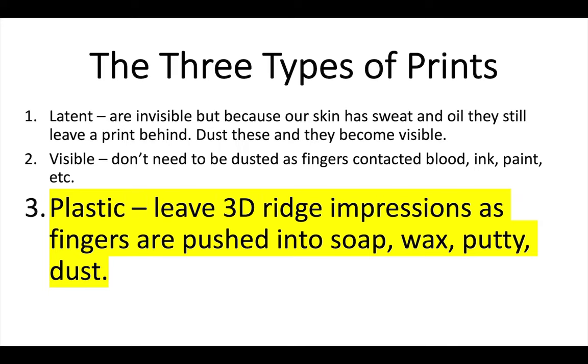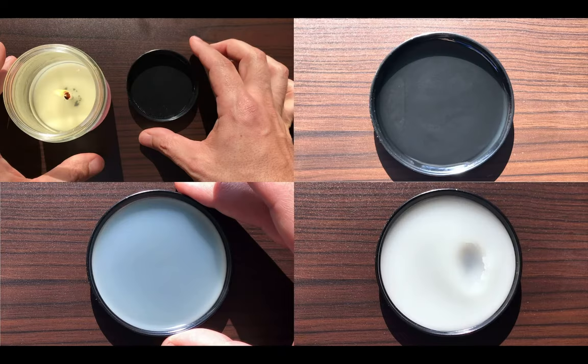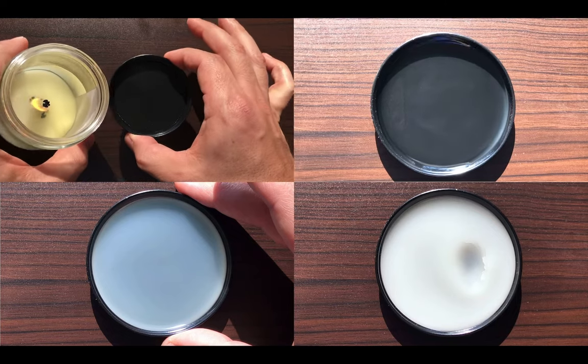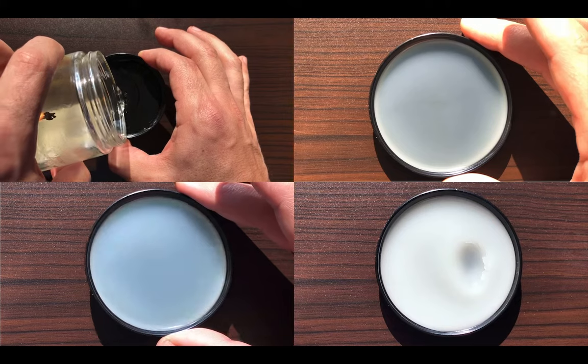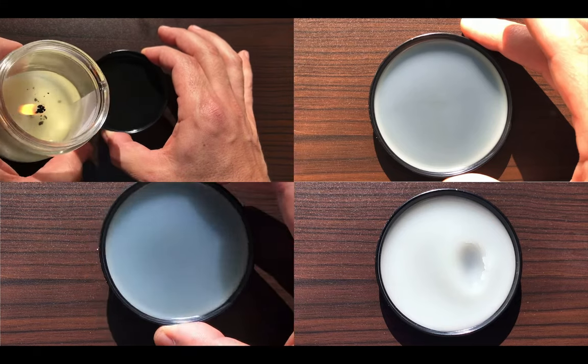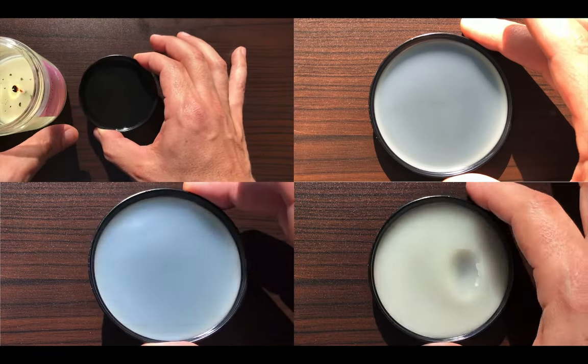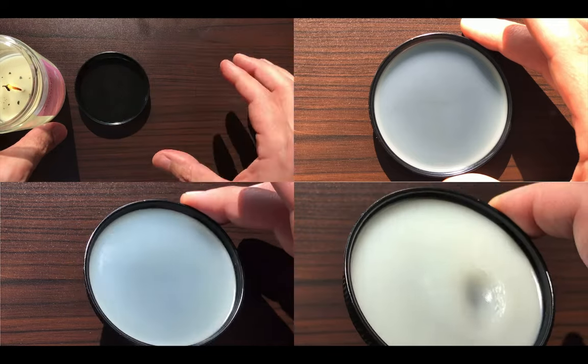This leaves a three-dimensional print because it's pushed into the substance, giving yourself a 3D ridge impression. Now, as we're on plastic prints, I actually took a bit of wax, cooled it down, and what I got was pretty neat. I got a 3D impression.